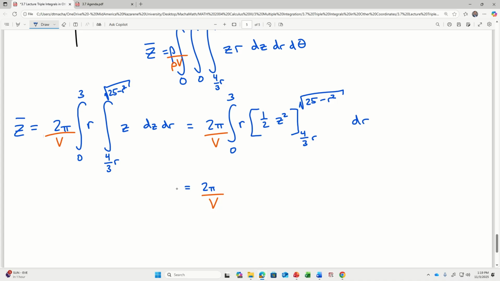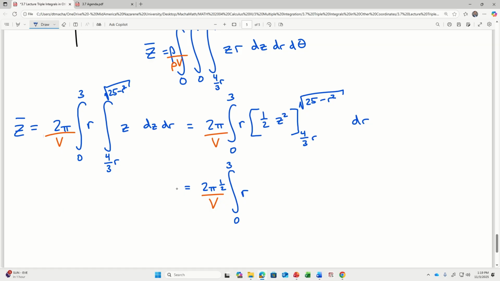Now we're back to our integral where we were working from 0 to 3. I'm taking out the half, so ignore the half. Then if I'm going to take the square root and then square it, that stuff's going to cancel.